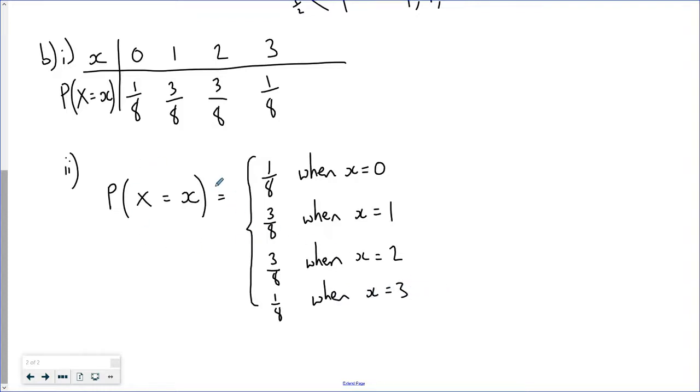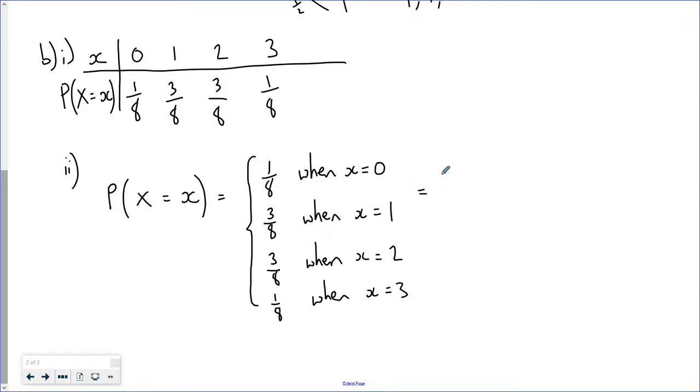So from this, I could read off each of the probabilities. Say I wanted the probability of having 3 heads. That's the probability of x equaling 3. So I put little x equals 3, and I look at my function. When little x equals 3, I get the probability is 1/8.